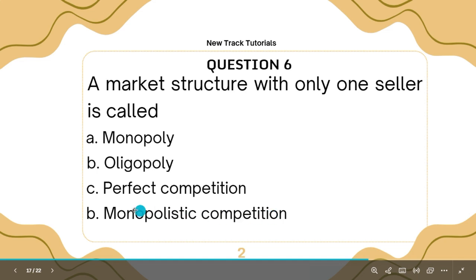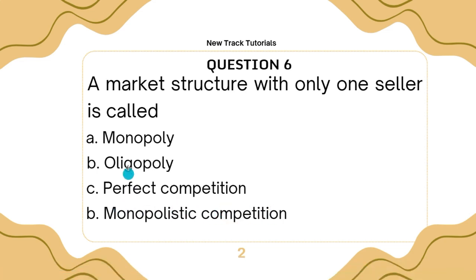Monopolistic competition is not the best option. So the best option is option A, where you have one person selling a product or service without any close competition. A market of only one seller is a monopoly.